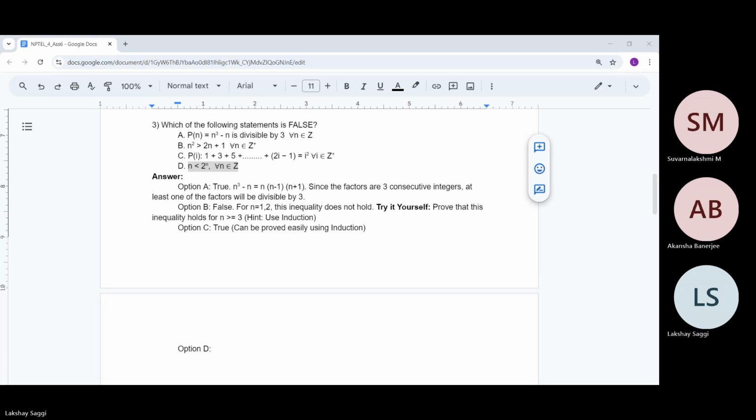Okay. Would anyone like to point out in chat? What do you guys think? Does this hold true for all integers, positive, negative, any integer?